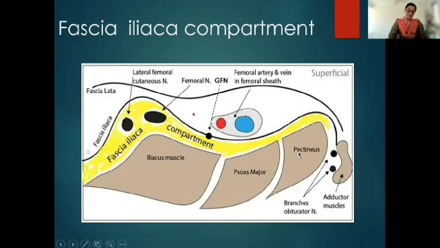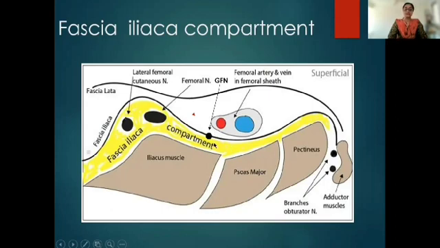And hence, though placement of LA drug in the fascia iliaca compartment can block all the three nerves, the obturator nerve, because it's far away from these two, may not always be blocked in the fascia iliaca compartment block.